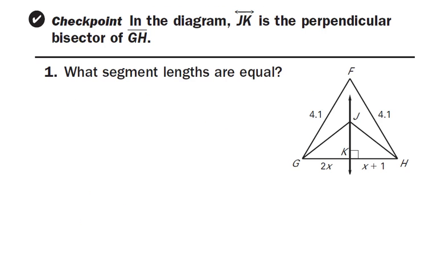All right, so here's some for you. When you enter these in, go ahead and enter them as, I'll go ahead and do the first one. Since you don't have a congruent symbol, enter them in as GF and HF. So there's two others. Go ahead and tell me what they are.